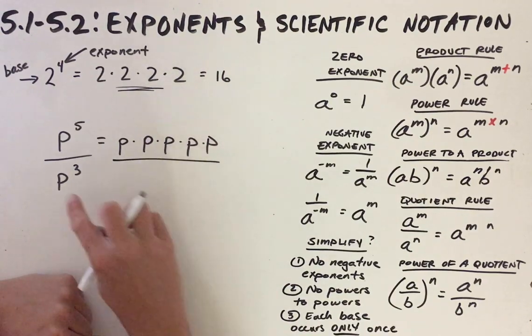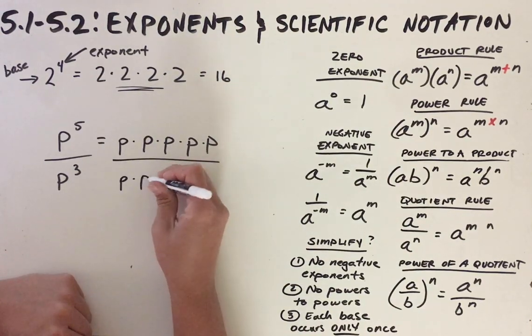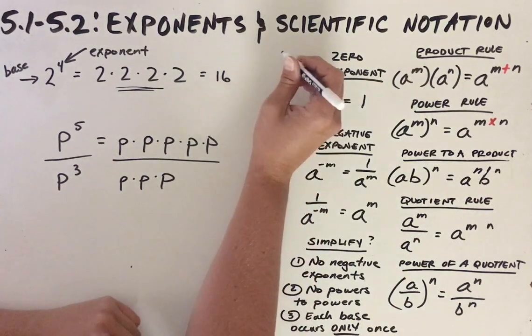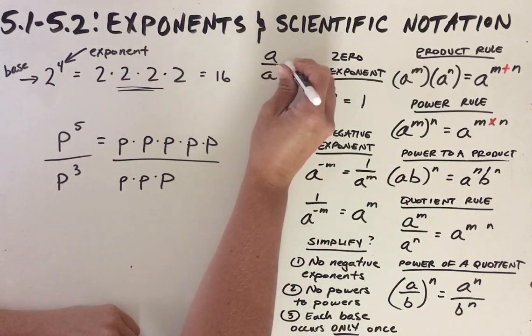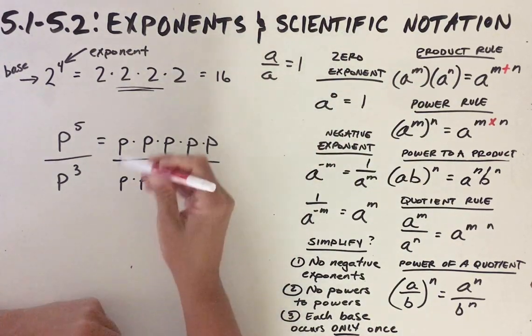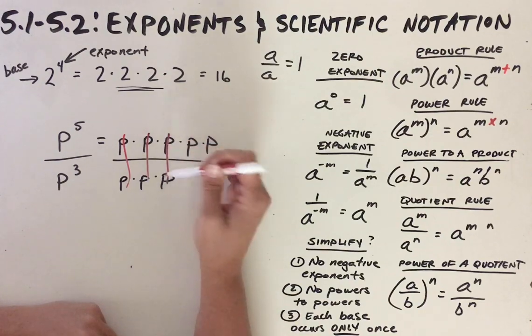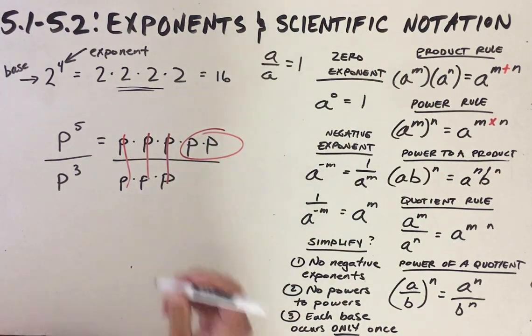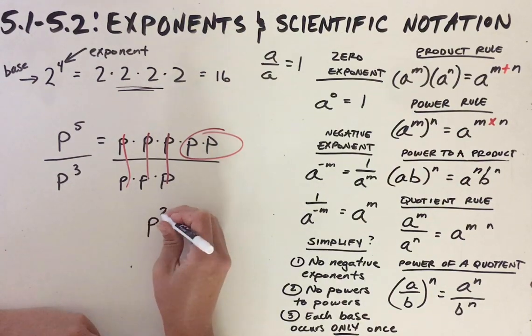And that's all going to be divided by 1, 2, 3 p's related through multiplication. So remember that anything divided by itself is 1. So I can cancel from top to bottom this p, and this p. You can see here that all I have left is p squared.